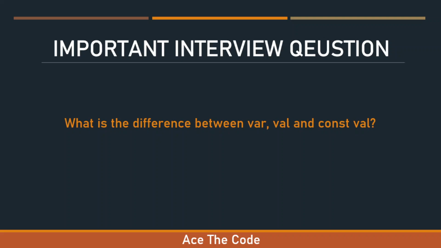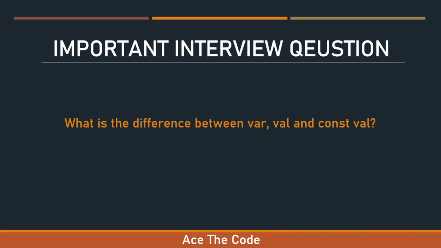It means that once we assign a value to a var type of declaration, it can also be reassigned in the future as and when required. Val are immutable. It cannot be changed once assigned. Val can be initialized at compile time or it can be initialized at runtime as well.